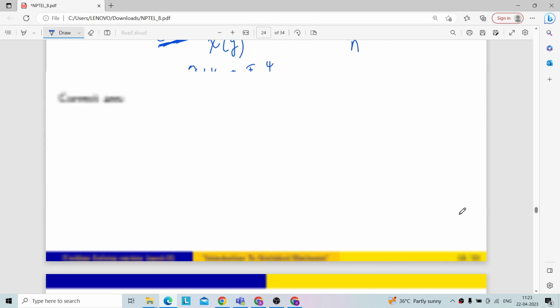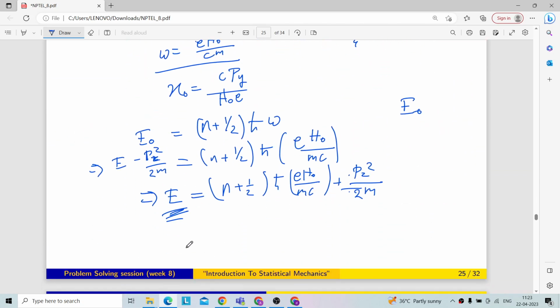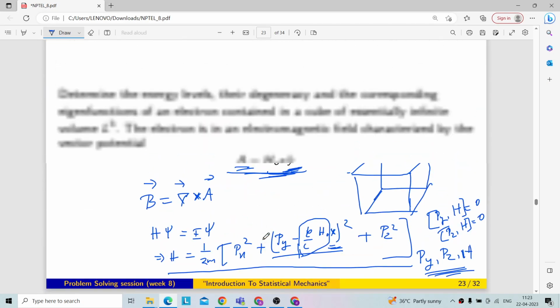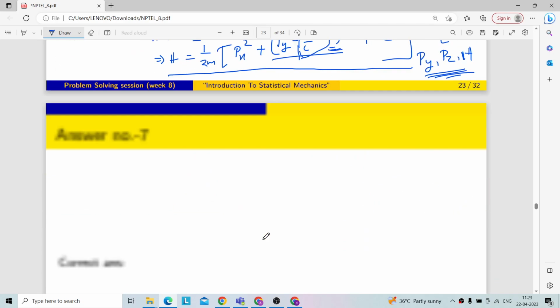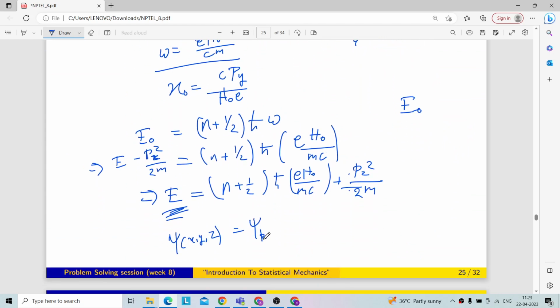So I can rewrite the wave function psi of xyz, or this will become now a function of py, pz, and H, py, pz.